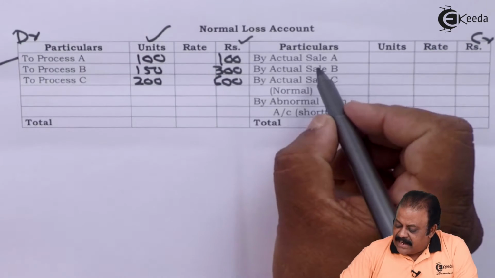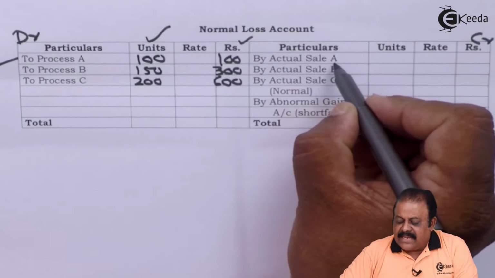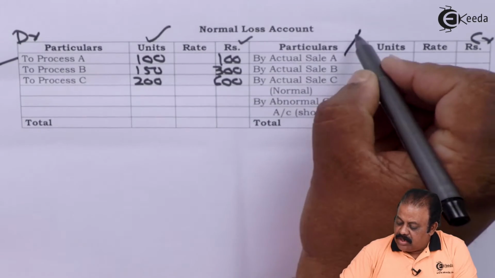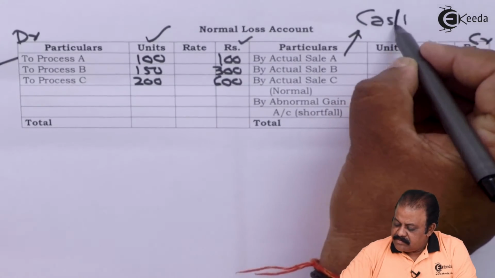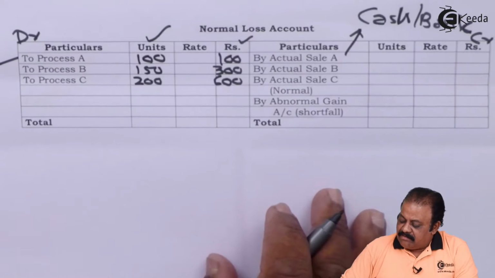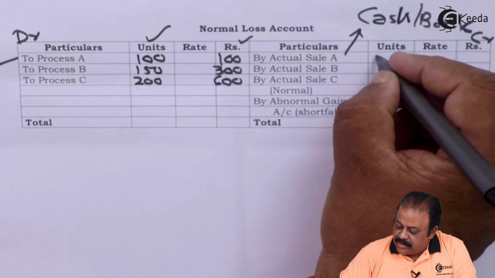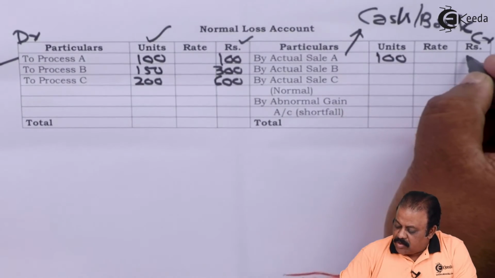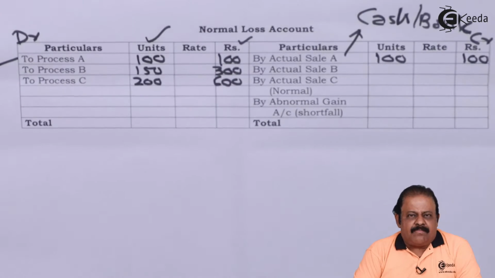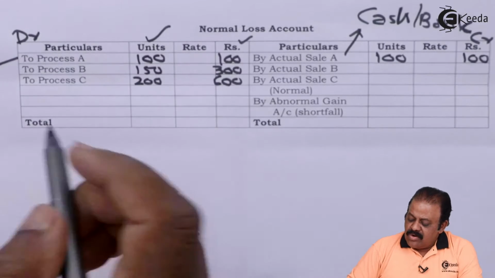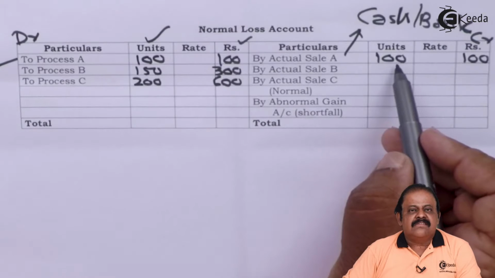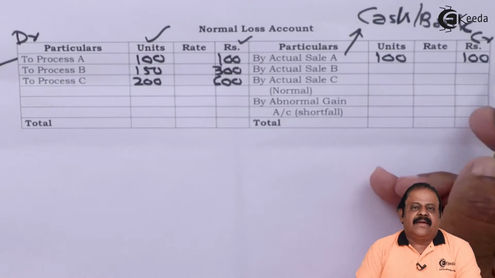So on the credit side we will write by actual sale of process A normal loss units. Whatever cash amount we have received will be recorded, 100 units in the units column and its value 100 in the amount column. That means if there is no abnormal gain, we record the same thing on the credit side: 100 units and 100 rupees.